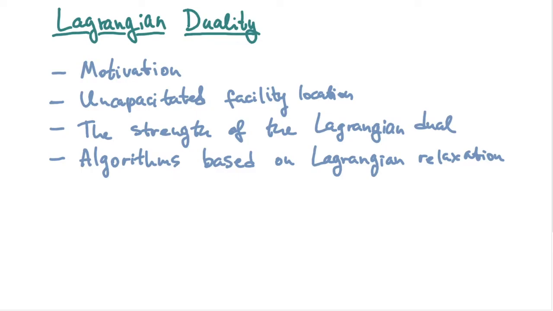Then we'll talk about the strength of the Lagrangian dual, and we'll show that the Lagrangian relaxation is at least as strong as the LP relaxation. And finally, we'll talk about some ideas behind the algorithms that take advantage of the Lagrangian relaxation.